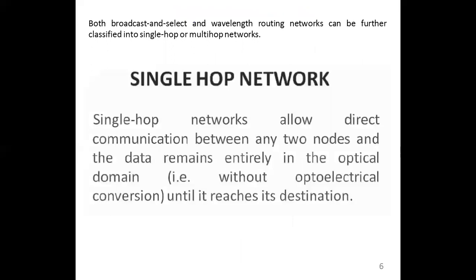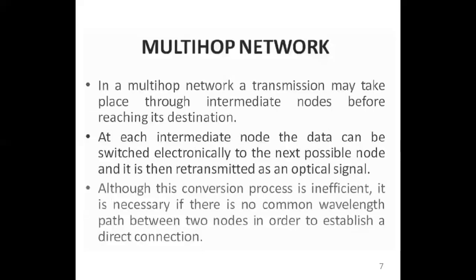Then the types of WDM networks: this can be a single hop network. Here there is direct communication between the two nodes, and your data is only in the optical domain. Since the distance is very small, you don't need multiple hops. Then there is the multiple hop network, in which the distance is very large, and therefore between the source and destination there are also intermediate nodes.